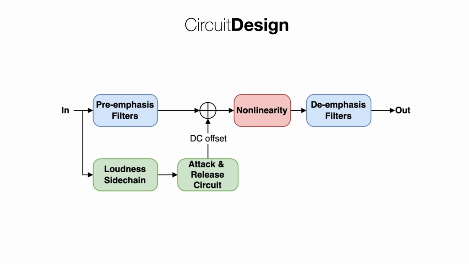To control the overall timbre and feel of the distortion, the loudness sidechain needed to be adjusted to the amplitude and frequency of the signal. Also, the attack and release times with which we apply the DC offset have a massive impact on the timbre and the sustain. In addition, this sidechain-based design allows us to decouple the amount of distortion from the amount of quote-unquote fuzz sound.